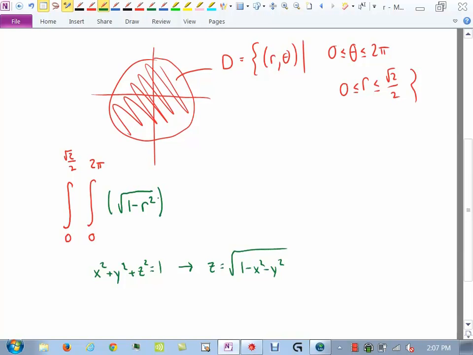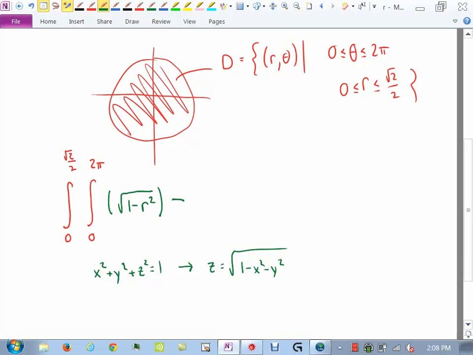Now I could right now at this point put r dθ dr, and then come through and subtract another integral that represents the cone. But I like to do it all in one integral because what I'm doing is I'm taking that as the top function. I come through here and I now subtract from it the cone on the bottom.